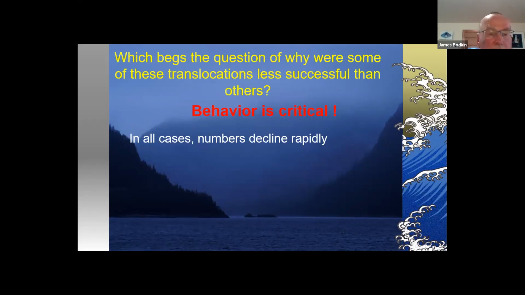Another way to look at this. In this case, instead of biology being critical, I'm going to say that behavior is critical. Now, in all cases, numbers decline rapidly, and that's because there's a high fidelity to a small home range.